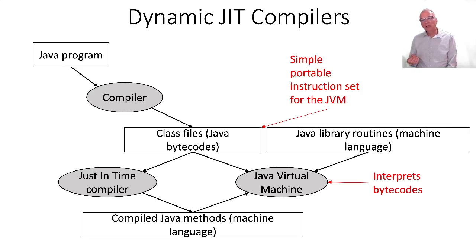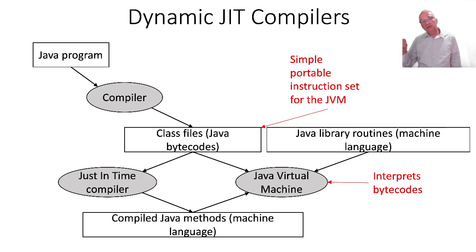But you could not receive a large piece of Java code and compile the entire code at the highest level of optimization of the compiler when the user is in front of the computer expecting something to happen immediately. So the solution is to start the execution of the Java bytecodes by interpreting them just like the virtual machine always did, and then watch the program executing as it's being interpreted.